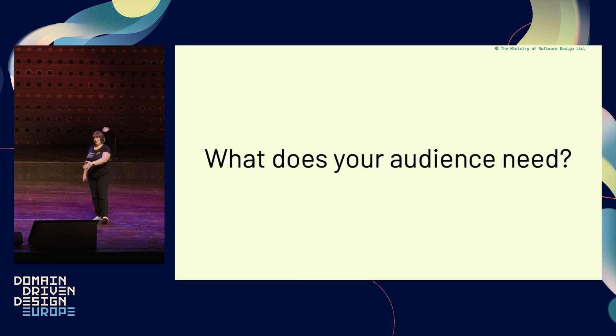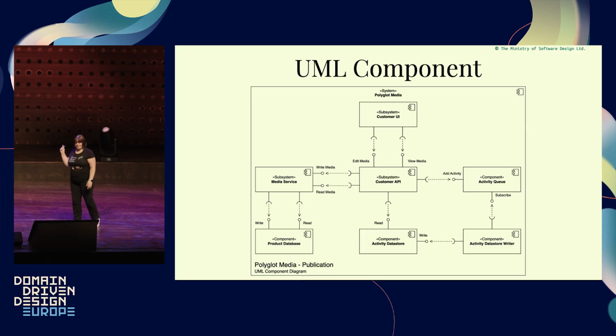But what you really need to do, going back to what I was talking about at the beginning, is consider your audience. What do they need? Do they need a UML component diagram? I've only ever needed, as a developer and an architect, to create a diagram like this once, and that's this one. It was really awful to create, to try and get all of those little arrows to line up with each other.